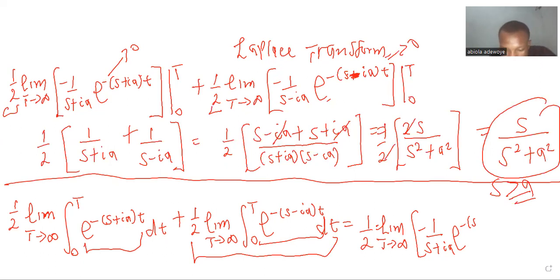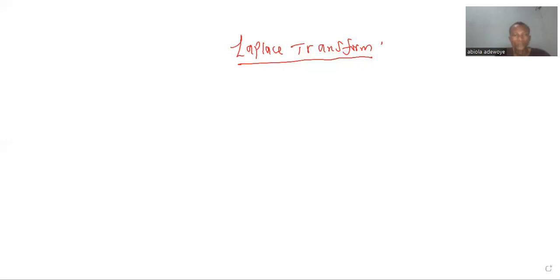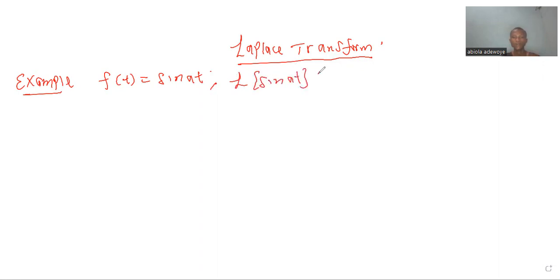So also, the next question I'm going to do is, how do you find the Laplace transform? Example. Let's say our function of t is equal to sine at. So how do you find the Laplace transform of sine at? How do you find that?